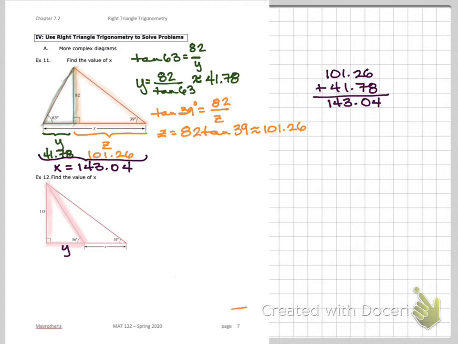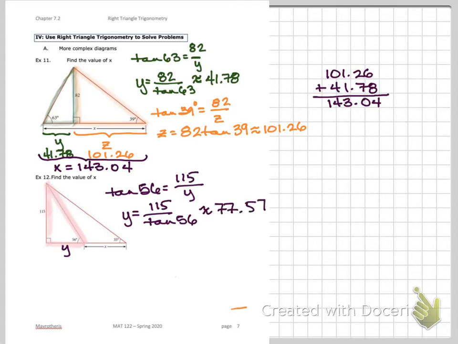I get tangent of 56 equals that opposite side, 115, over the adjacent side, that's y. So y equals 115 over the tangent of 56. We get roughly 77.57.